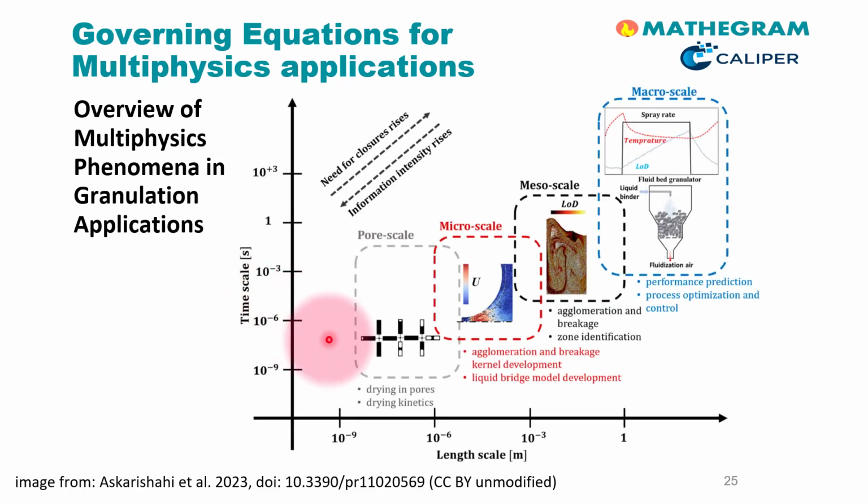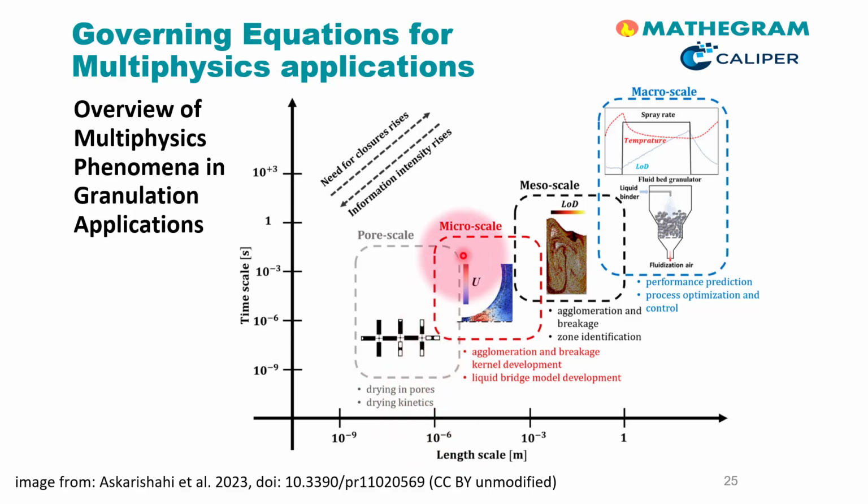The figure highlights the position of 4 different modeling approaches in a length and time scale diagram. Specifically, on the smallest and shortest scales, we have pore scale models. They are useful for predicting intra-particle phenomena, e.g. vapor transport and liquid transport inside the pores of the particles.